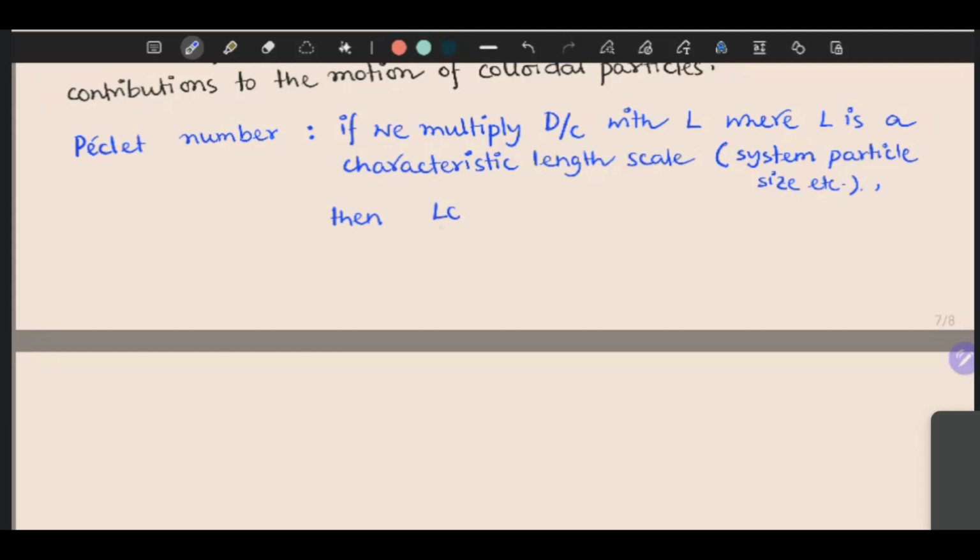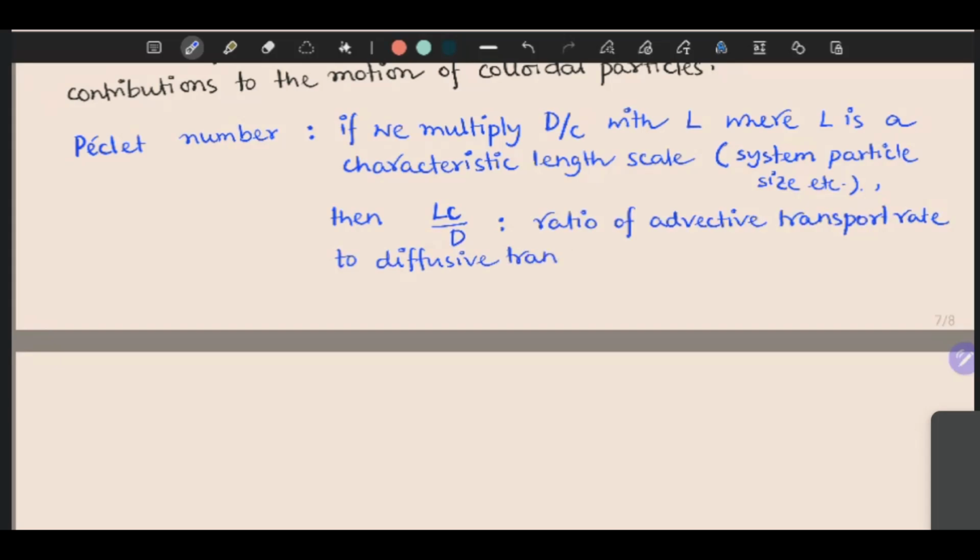L C by D is the Peclet number, which tells the ratio of advective transport rate to diffusive transport rate in a fluid which is under force.